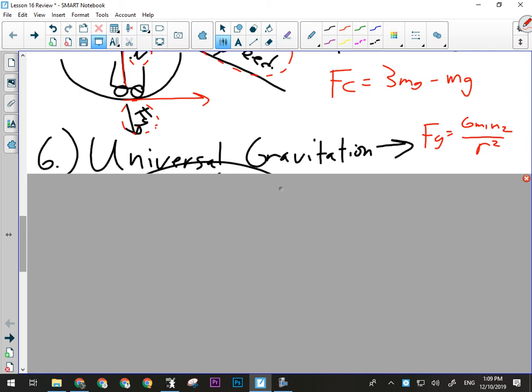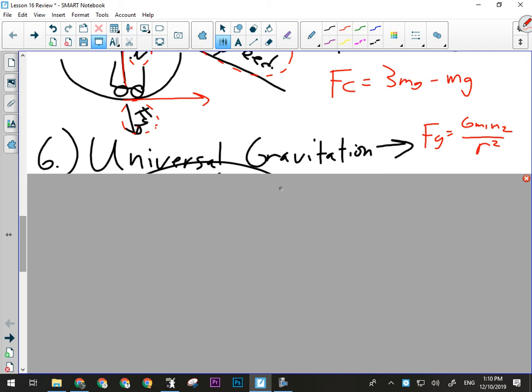It is mutual. They both pull on each other equally. The force of gravity is a mutual attractive force between 2 objects.